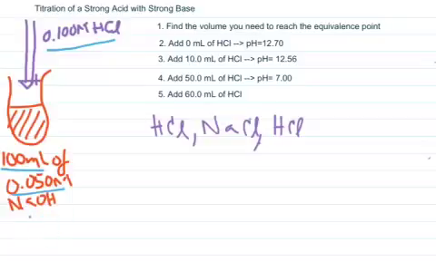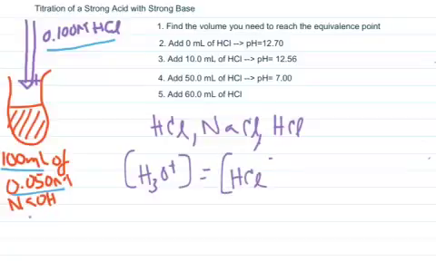Because it's all been used up to form sodium chloride when we have too much hydrochloric acid. So because we have too much hydrochloric acid, we are now looking at acid. So hydronium, which represents our strong acid, is going to equal the extra amount of hydrochloric acid. So let's figure this out.